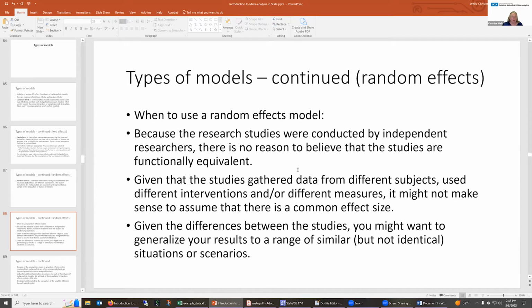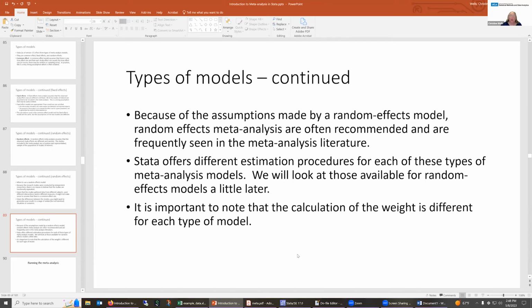And so that common effect size idea doesn't work for me there. Given the differences between these studies, you might want to generalize your results to a range of similar but not exactly identical situations or scenarios. So a random effects model is the only type of model where you get to generalize your results beyond what you have. And so again, things to think about here.